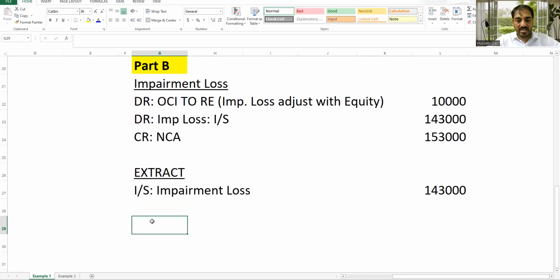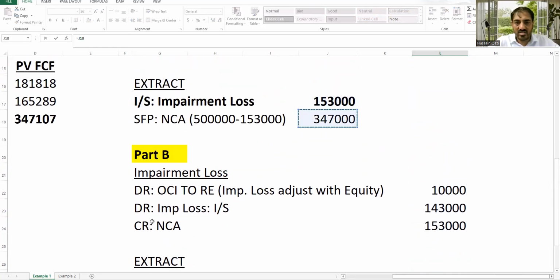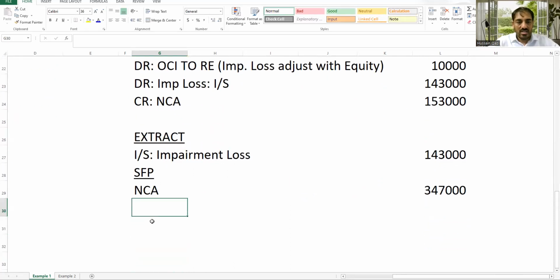But with respect to the statement of financial position, the non-current asset value remains the same as we have done previously, that's 347,000.